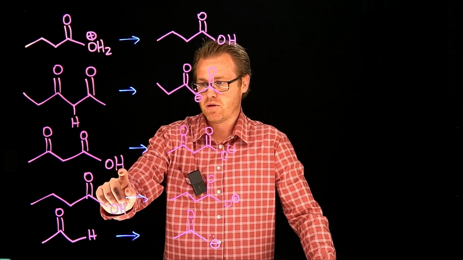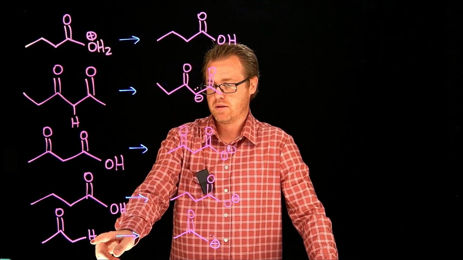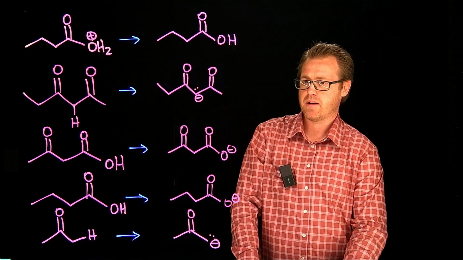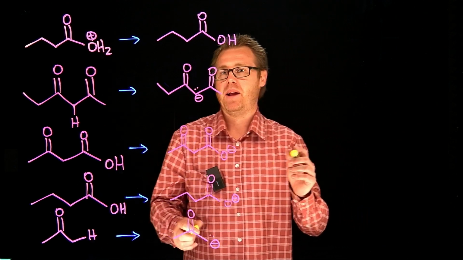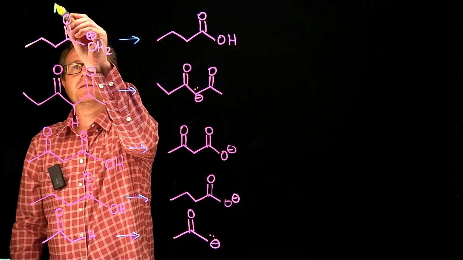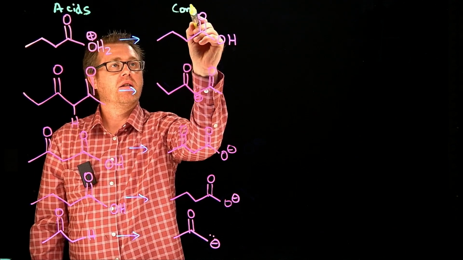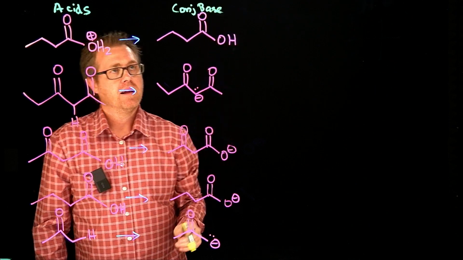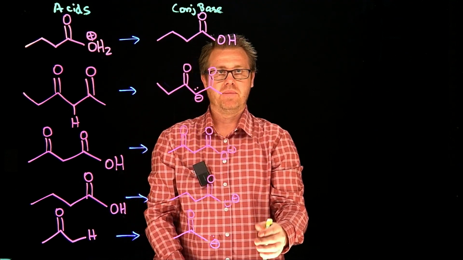Now, this proton, boom, gone, there, gone. That one's gone. Okay, so there's our conjugate acids. Sorry, our conjugate bases. So these are our acids, and these are our conjugate bases. And now we ask the question, the stability of these conjugate bases.